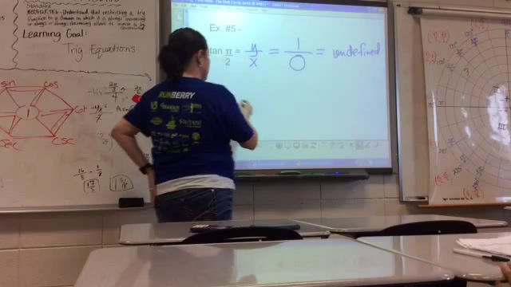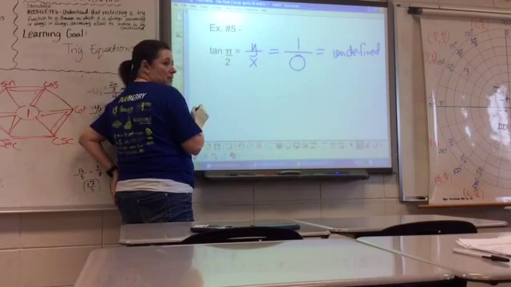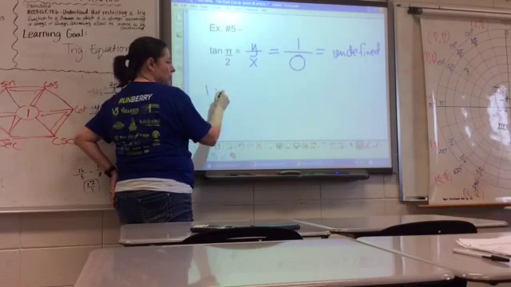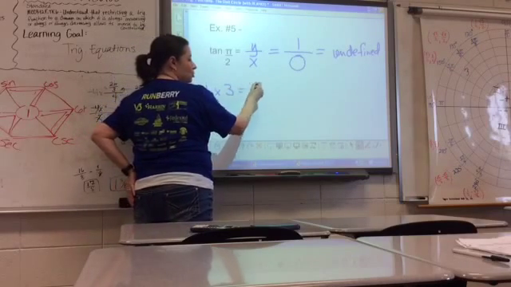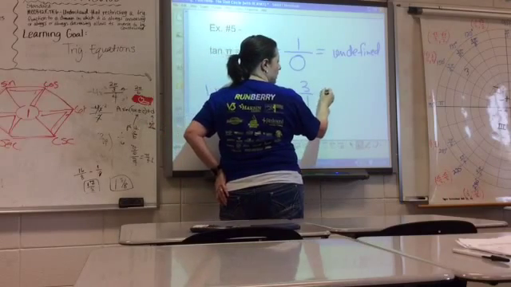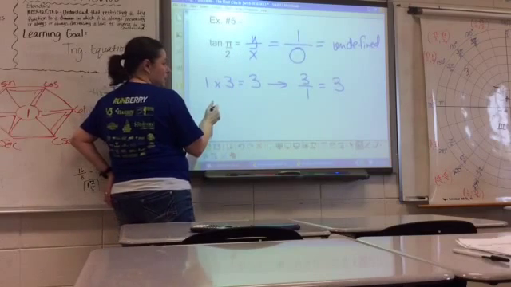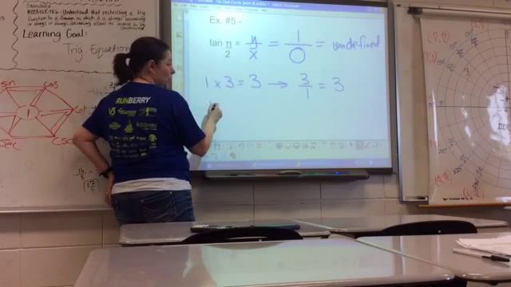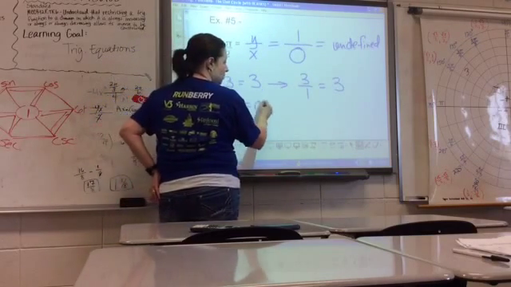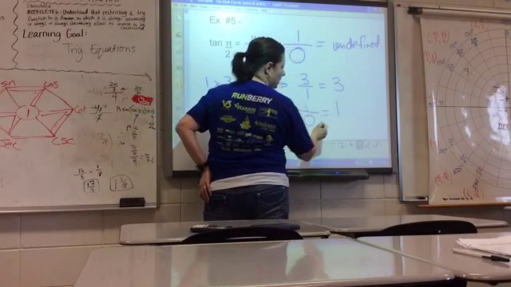Here's why. When you have family multiplication facts, for instance, 1 times 3 equals 3. Therefore, 3 divided by 1 equals 3. So based on that, if 1 times 0 equals 0, then you should be able to say 1 divided by 0 equals 1.